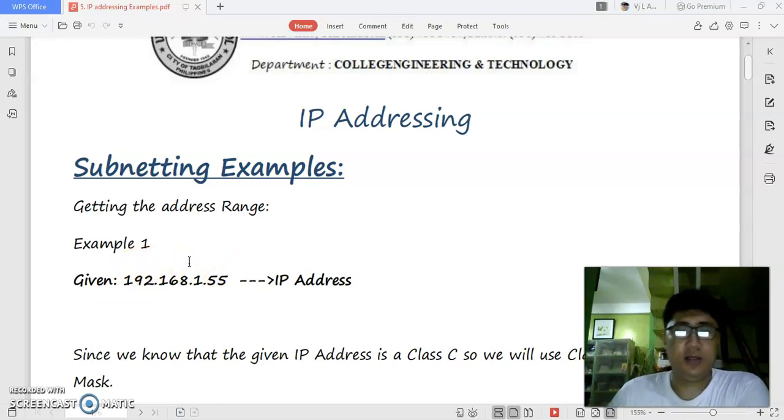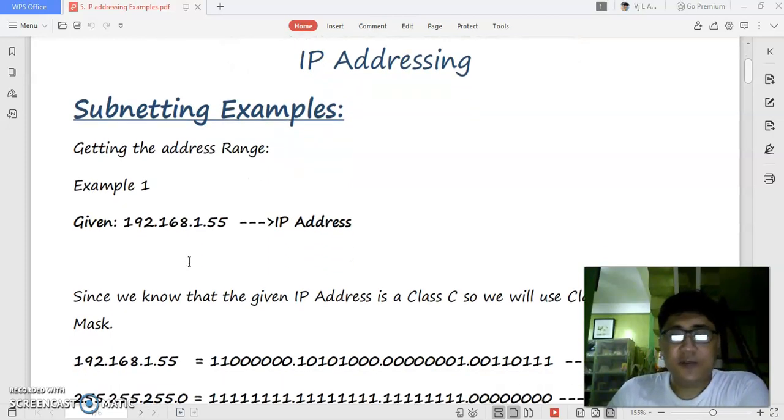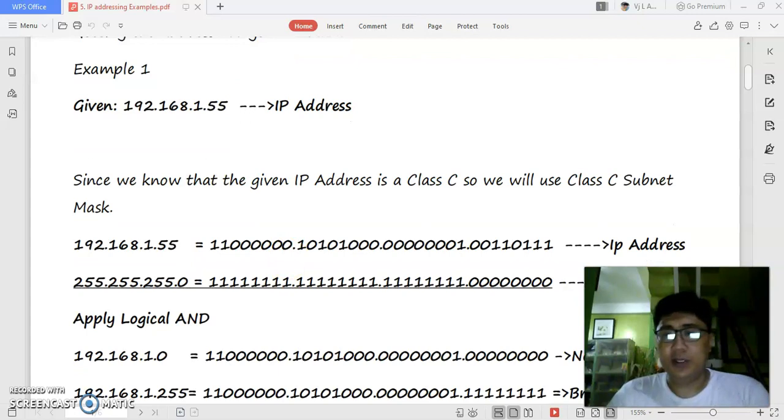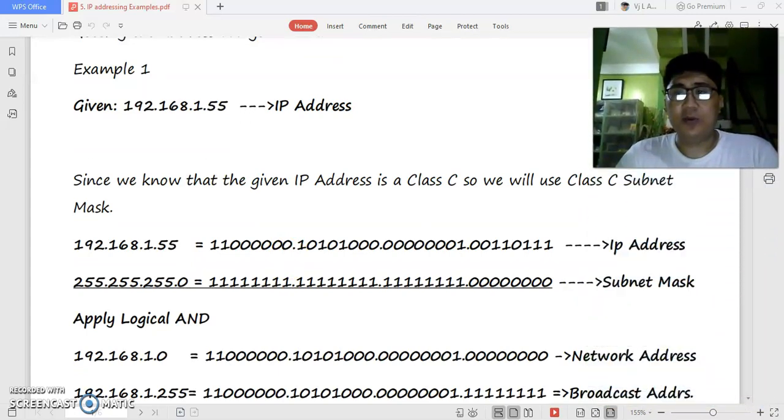The first thing we need to do is look into the type of IP address. We know from the IP address that this is a Class C IP address, because it has this 192.